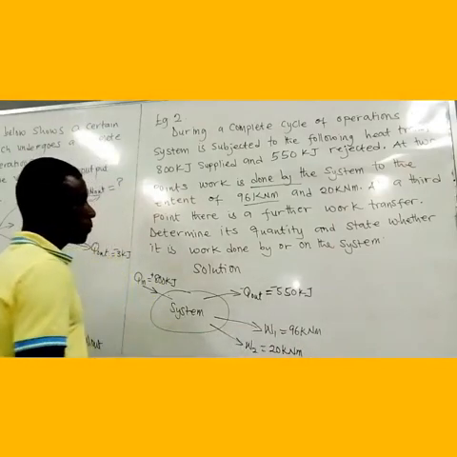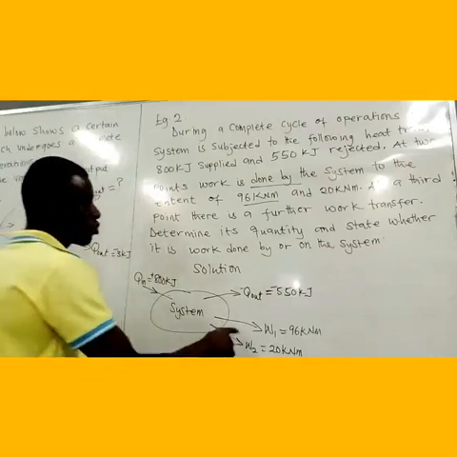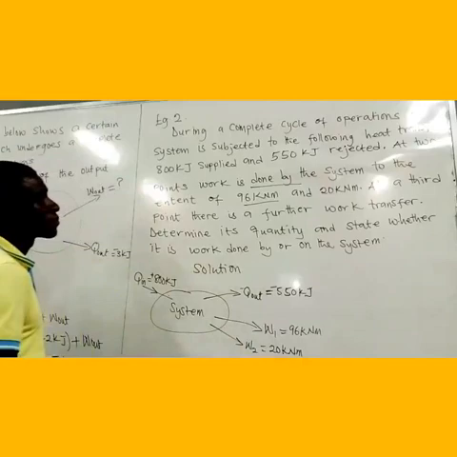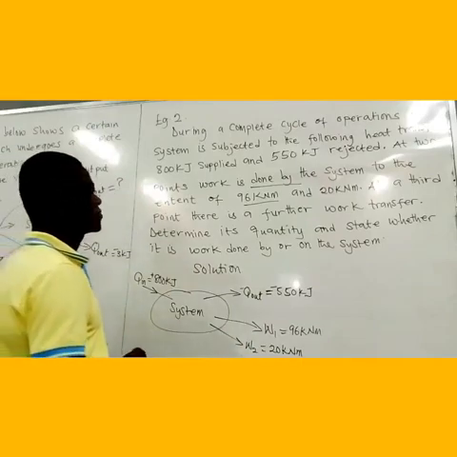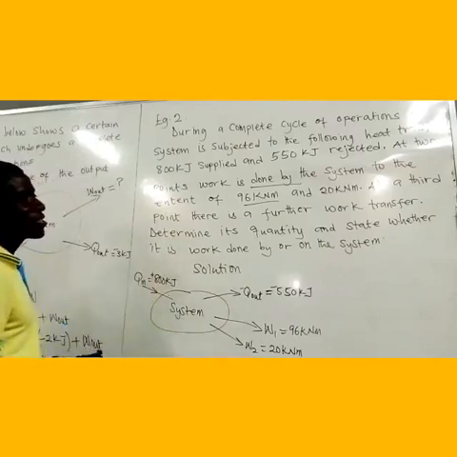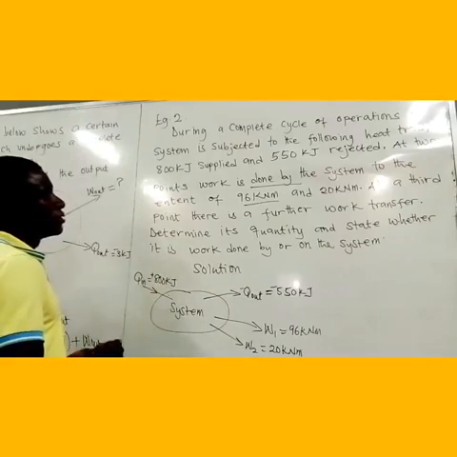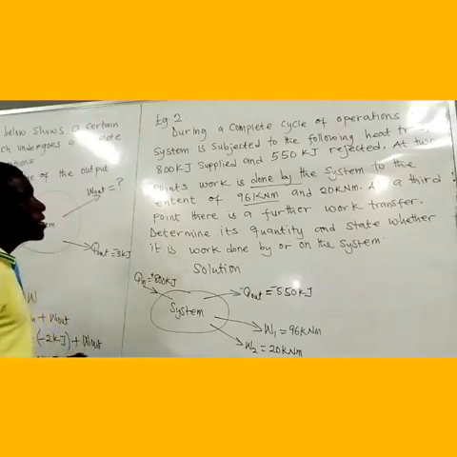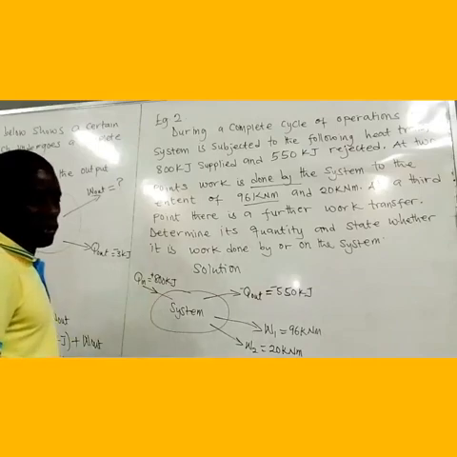They are all positive because it's work done by the system. At the third point, there is a further heat transfer. Determine its quantity and state whether it is work done by or on the system.